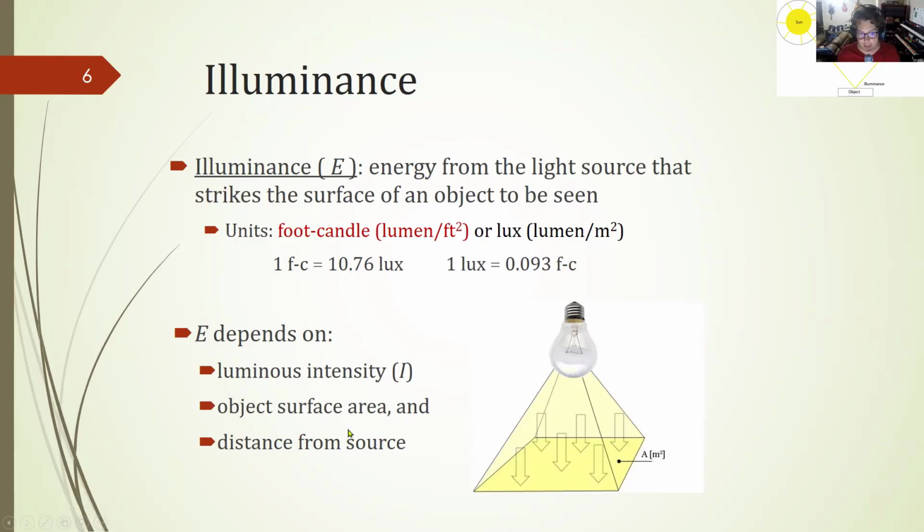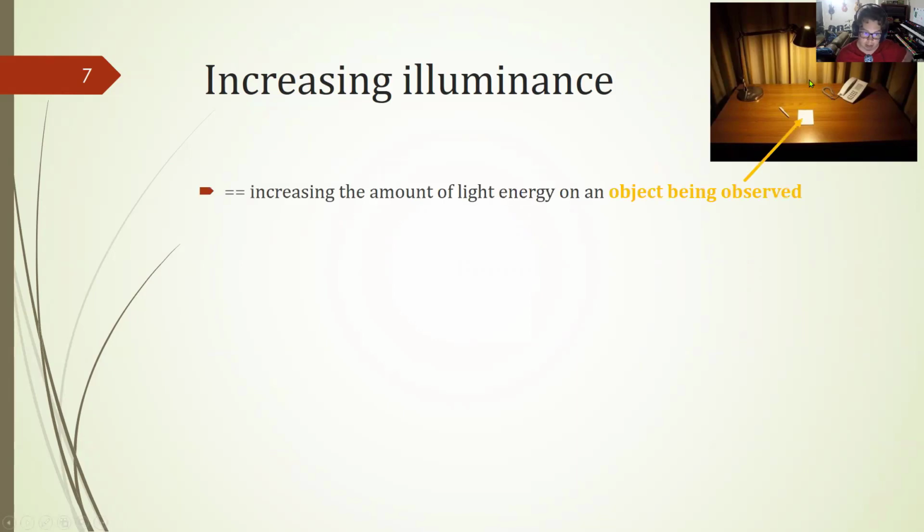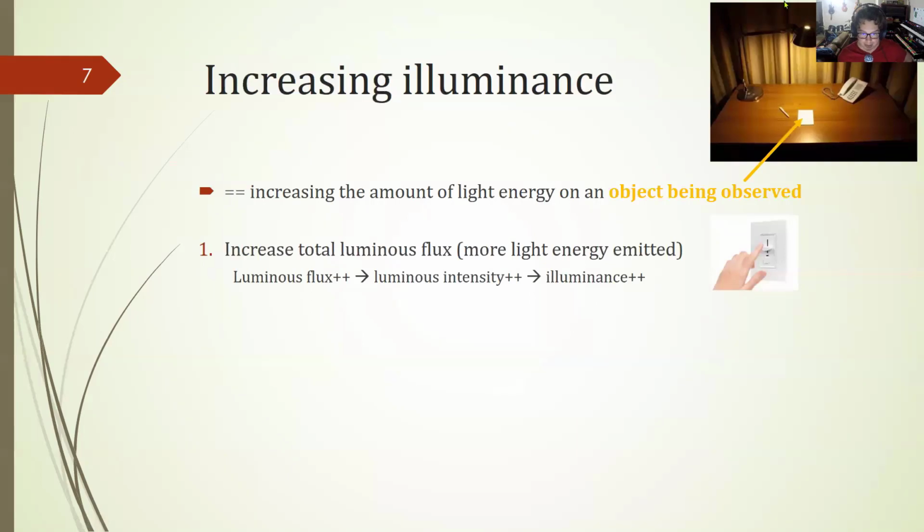I've made a little animation here to help recognize why we interchange the distance from the light source and the square area over which the light is acting. So we have a few demonstrations here. Here we have an object on a desk that we're trying to illuminate with a light. We can increase the amount of light energy. So we turn up the power, that would make it brighter, right? So total luminous flux goes up, then that means luminous intensity goes up directly.